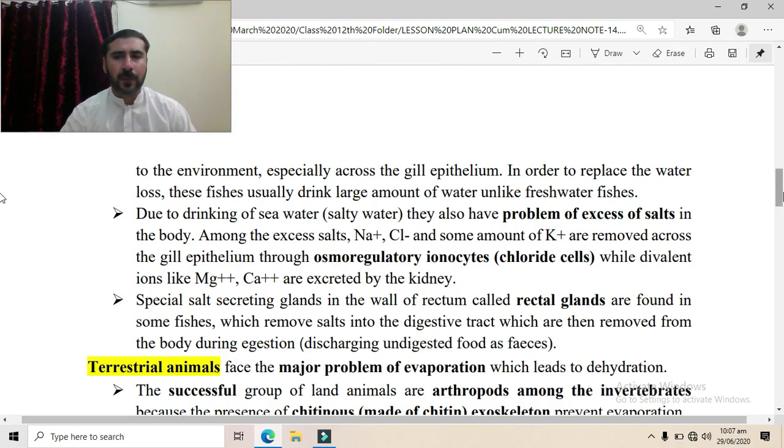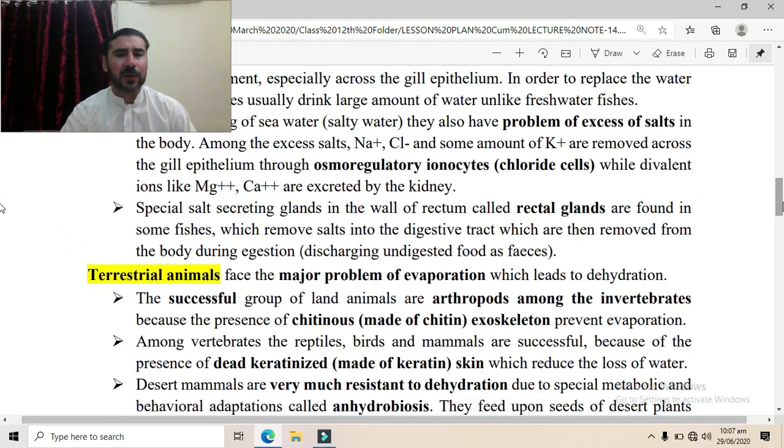Now they have another type of special adaptation to their environment. They have special glands called rectal glands. Rectal glands are found in the rectum, and you have studied the digestive tract. This is the last part of the digestive tract, close to the anus. So these fishes usually have rectal glands in their rectum.